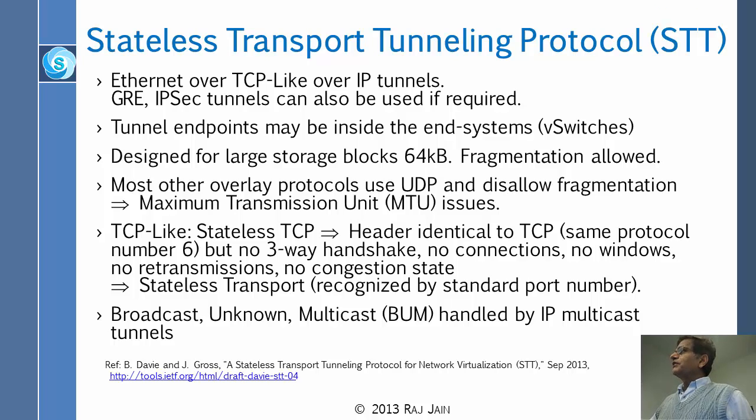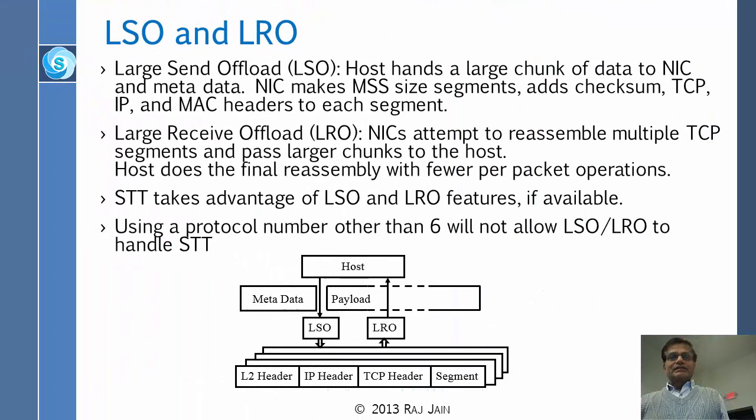Before we go to that, bump traffic is handled by IP multicast. This is a standard practice. When you have to send bump over IP, you have to use IP multicast. This was done by VXLAN. This was done by NVGRE. This was done by everybody. The reason they want to use TCP is because there are hardware devices being used today which implement TCP in the hardware, which do the segmentation and reassembly in the hardware.